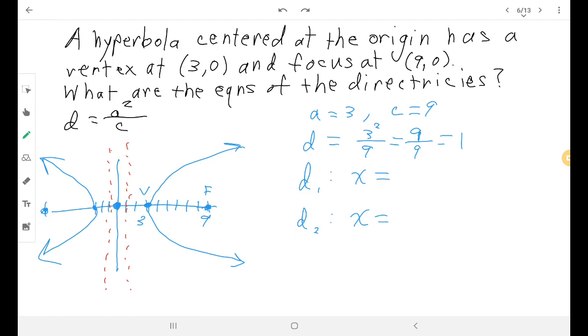The x value is always 1, so all I need is x equals 1 to describe that line. Similarly, the directrix equation for directrix 2 is x equals -1, and so there we have that. All right, I'll let you look at that for a moment. And then we can move on.